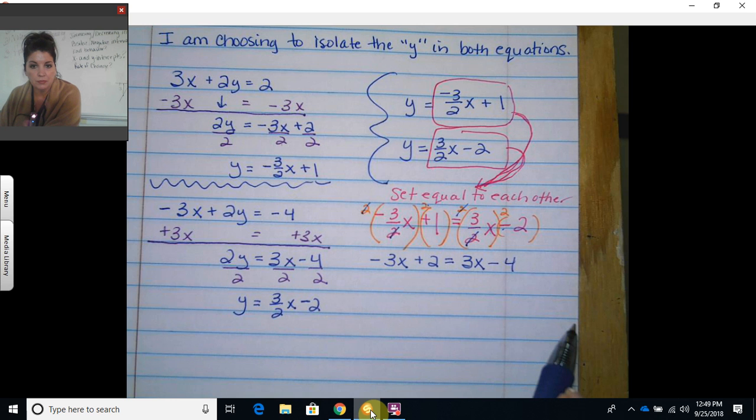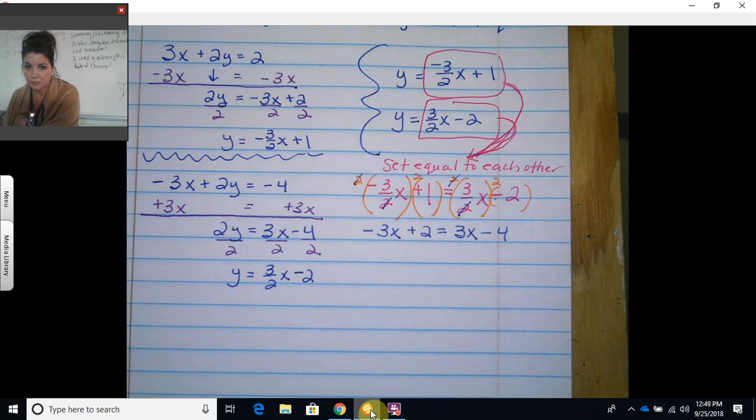I want to get my x's on the same side. What can I do now? What's one thing I could do? Say it again. I could add 4. I could do that. I like to get my x's together first, but you could totally add 4. That's fine. But if I wanted to get my x's together first and keep them positive, what could I do?